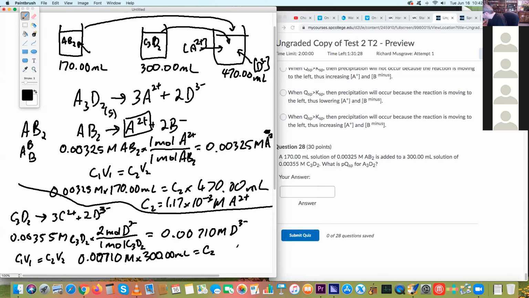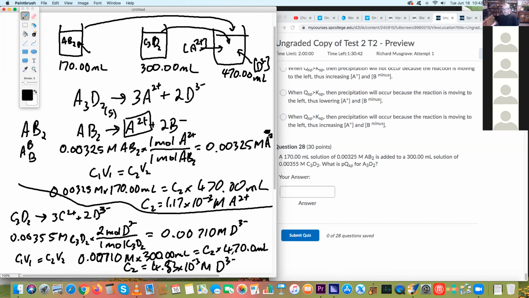And that equals C2 times the total volume, and you can see that the C2 there would be 4.53 times 10 to the negative 3 molar. And that would be D3 minus.